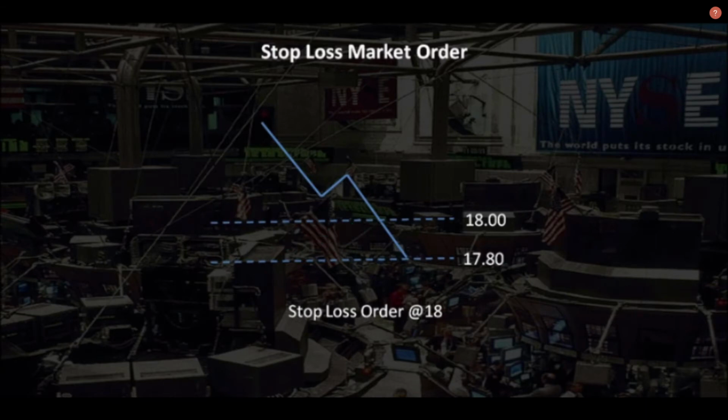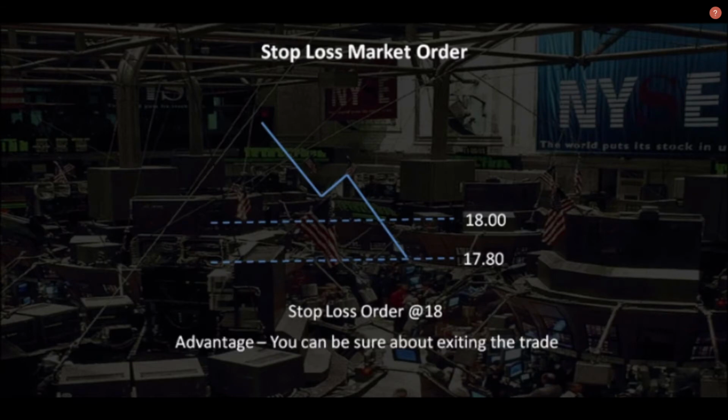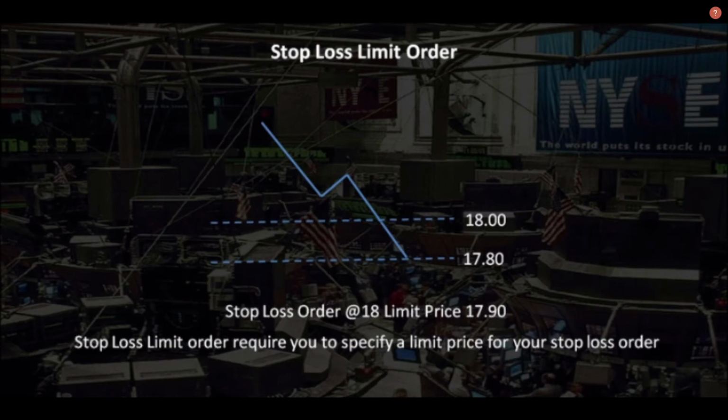By placing a stop loss market order, you can be sure that you will be out of the trade once your stop loss is triggered. But the price at which you get out of the trade is not certain. A stop loss limit order allows you to specify a limit price as well.